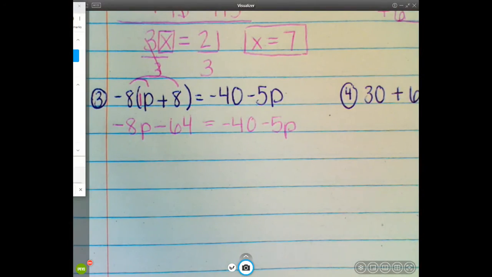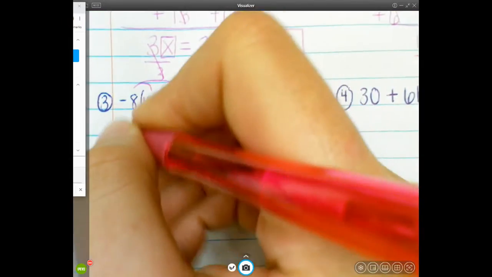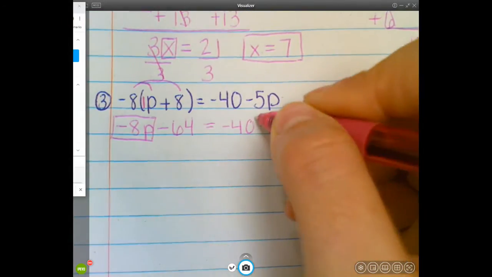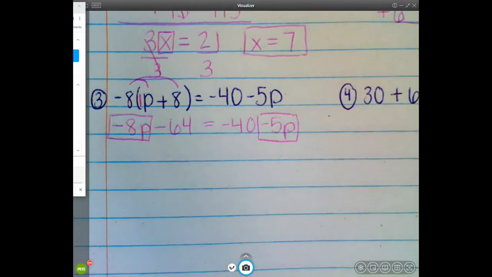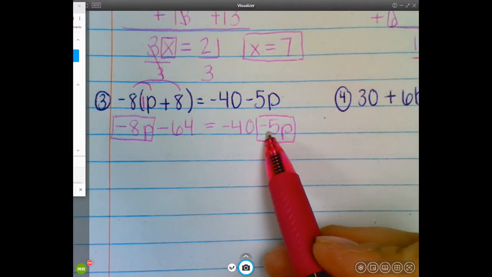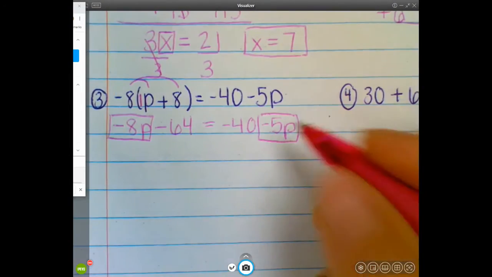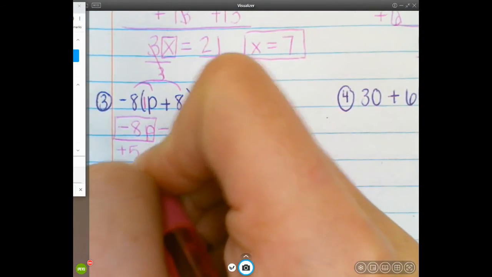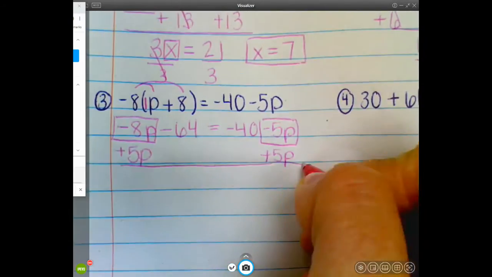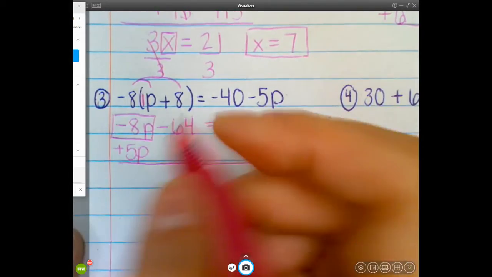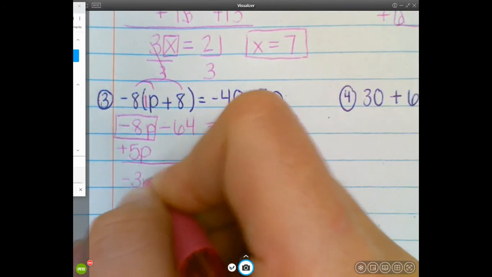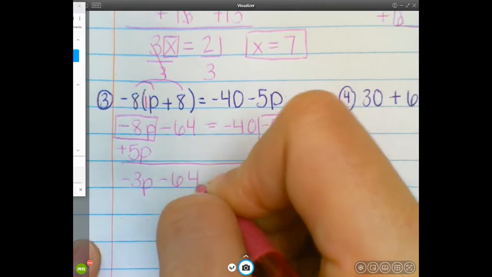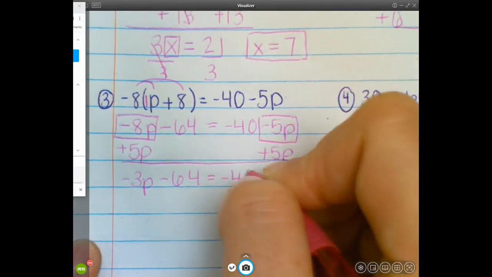Now this problem looks like all the other ones that we've done. So you can box your variables and know that you have to move one to join the other. If I want to move negative 5p, I'm going to do the opposite and add 5p, and what I do to one side, I do to the other. Negative 8 plus 5 is negative 3p minus 64 equals negative 40.